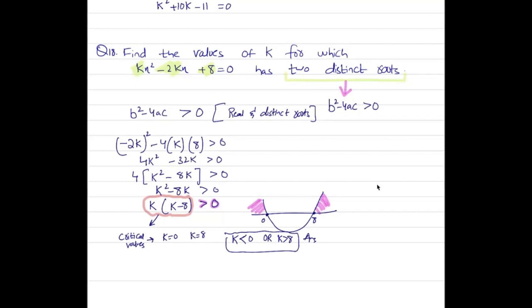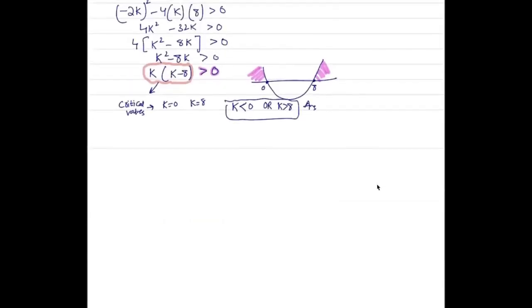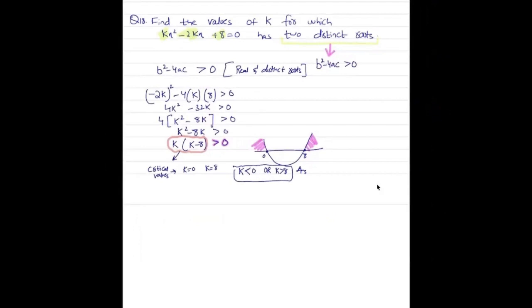Now, if I just slightly adjust this question and say the question would have been k square minus 2kx plus 8 equals to 0 has equal roots, then how would the working be different?